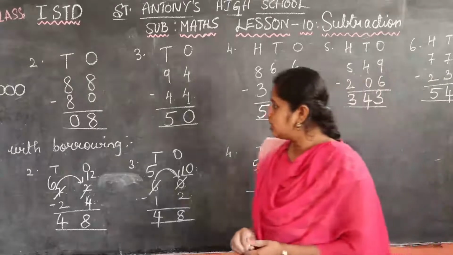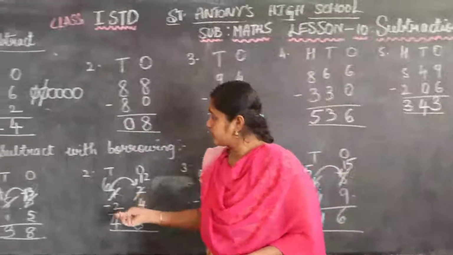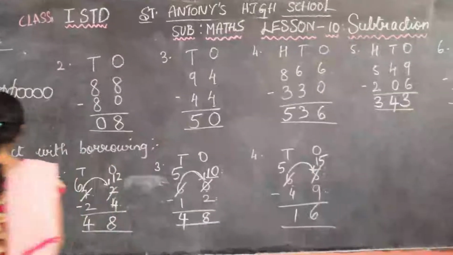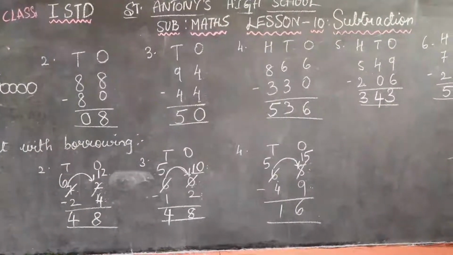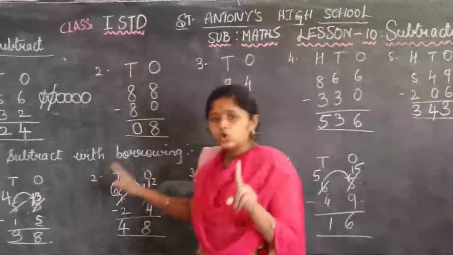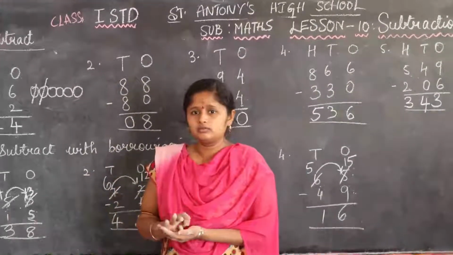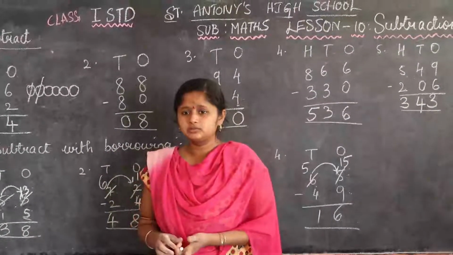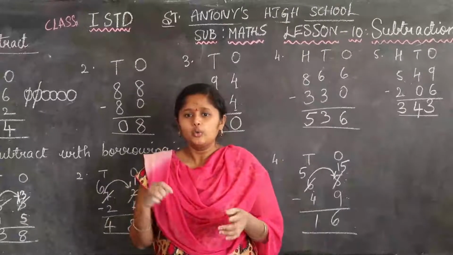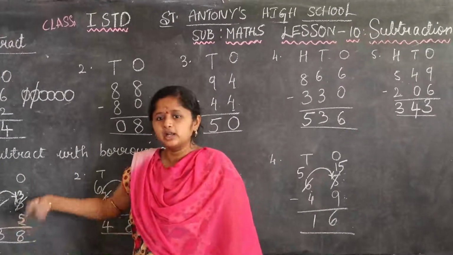So this is the borrowing sum. Borrowing means what? We have to borrow 1. If we have very few things, we have to borrow 1 from the neighbor number.